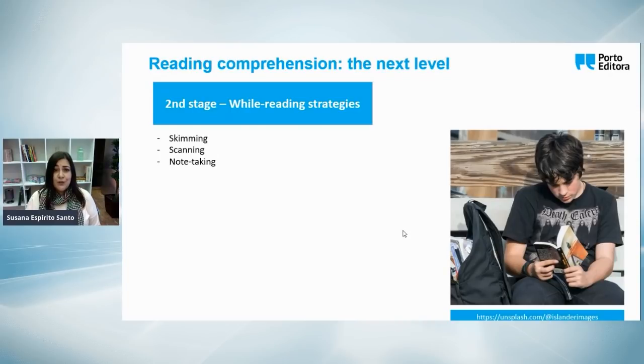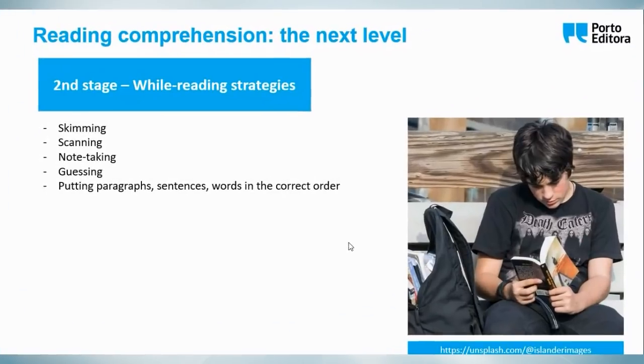You can also use guessing. In this stage, guessing means trying to find out the meaning of a sentence or a word. Putting paragraphs, sentences, words in the correct order is a good way to relate context, ideas, and decode the text.